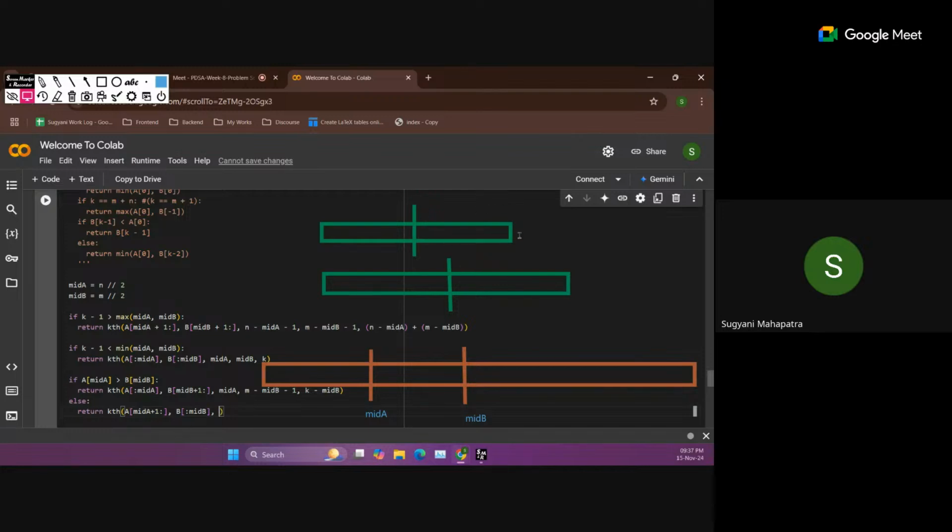The length of the right half of A will be N minus middle of A minus 1, and for the left half of B it is middle of B. What will be the K length now? K minus mid of A. Exactly.